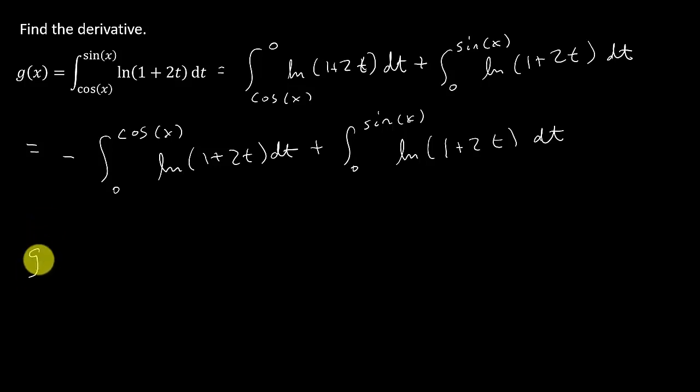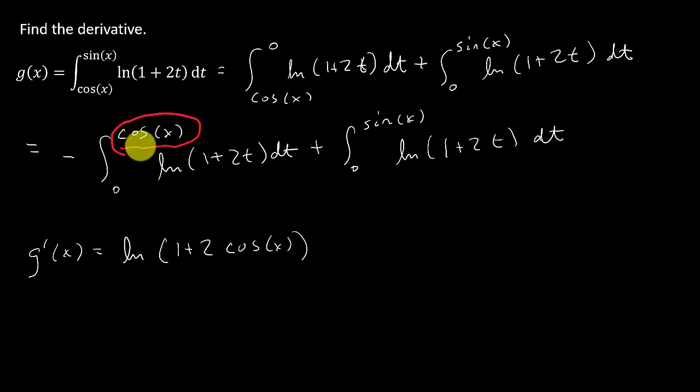So I've got g prime of x is equal to, well, that's going to be what? Natural log of 1 plus 2 cosine x. All I did here is I took cosine x and put it in the place of t. And over here, I'm going to take sine x and put it in the place of t.